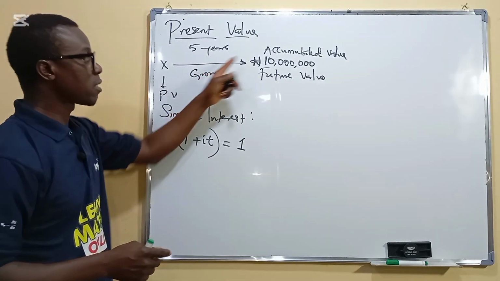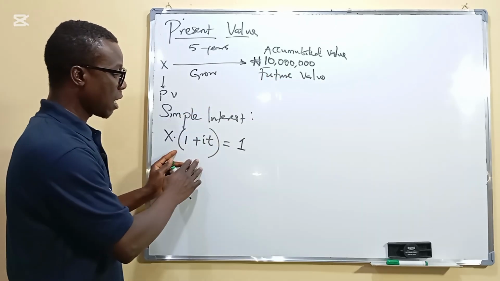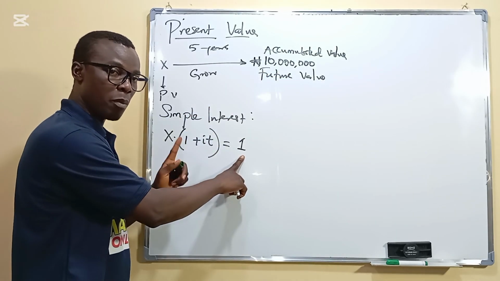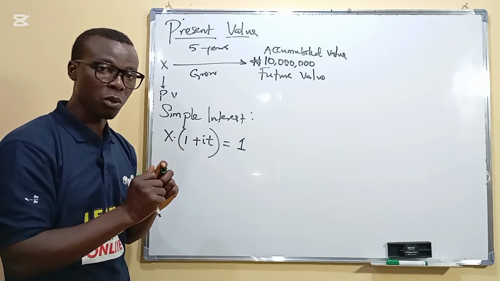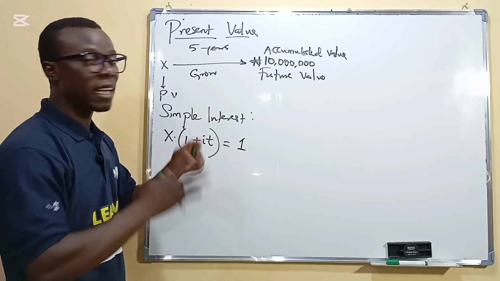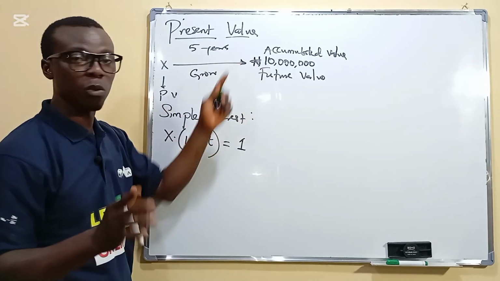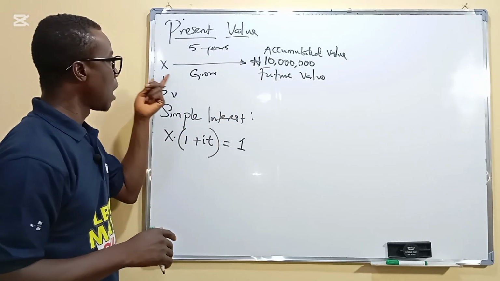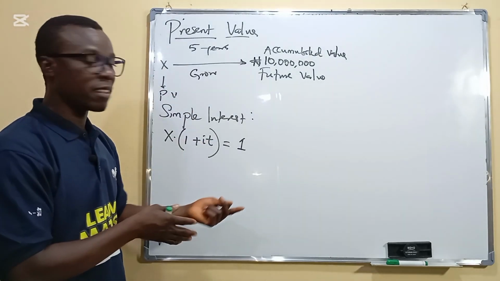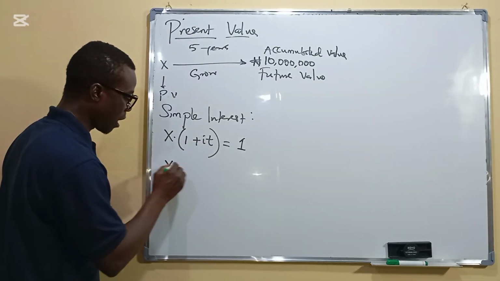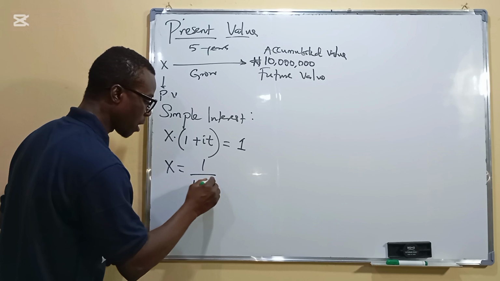In this case, I'm having a unit amount, so what I want to get is a factor that I'll be able to apply to various accumulated values when I want to find the present value. So I can say that x is equal to 1 over 1 plus it.